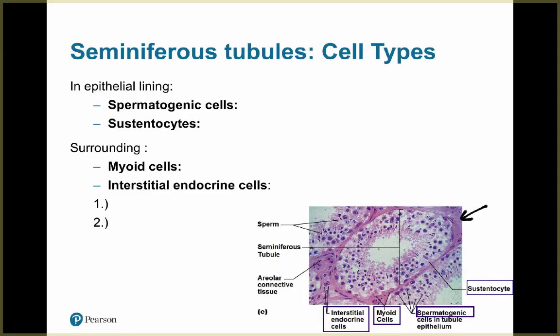This whole area right here is the seminiferous tubules. And in the epithelial lining here, we're going to talk first about the spermatogenic cells. These are the actual sperm-forming cells.